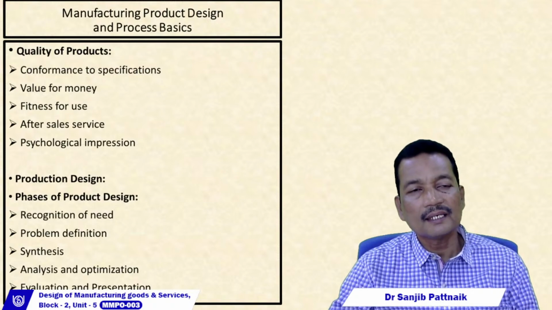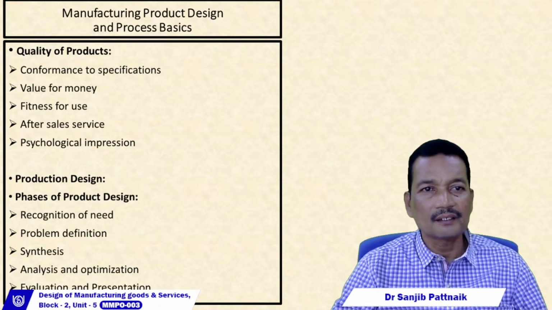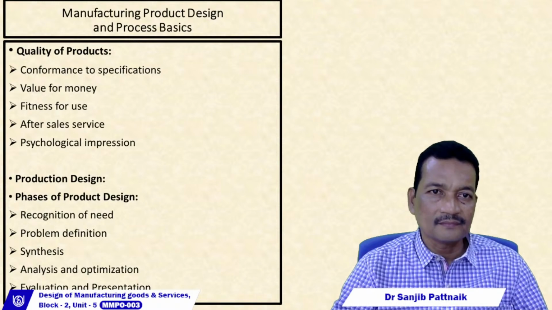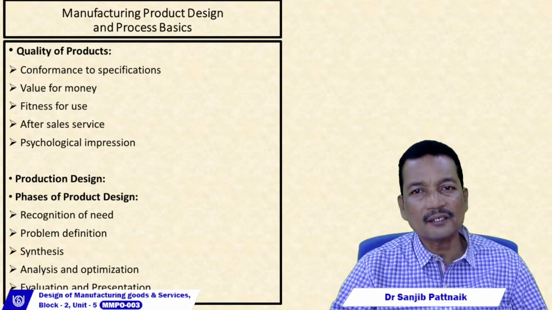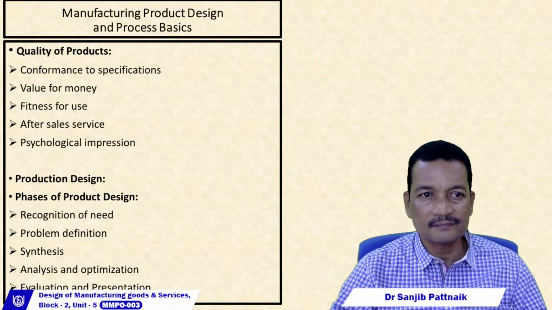Now, let us discuss about manufacturing, product design and process basics. When we are manufacturing products, the first thing that comes to our mind is quality of products.